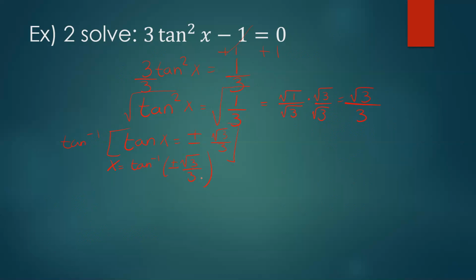Okay, so this is where you're going to need your unit circle. So get out your unit circle. And then where is tangent? So we have two answers, right? A positive radical 3 over 3 and a negative radical 3 over 3. So where is tangent going to be positive and negative?